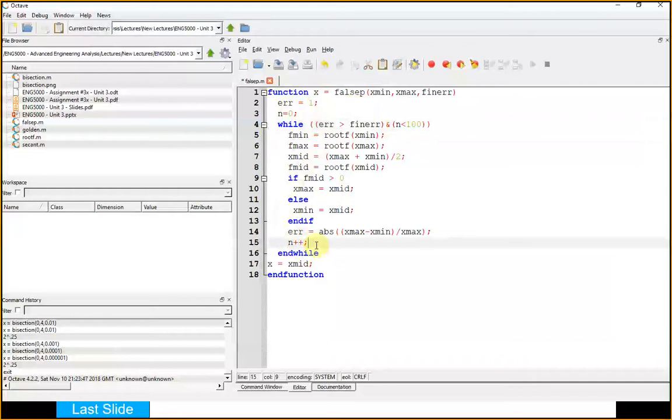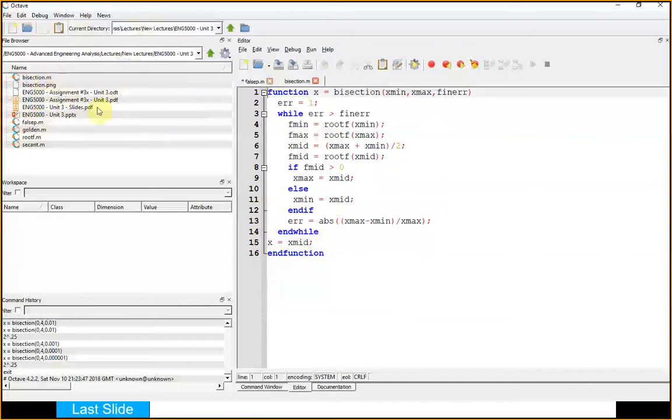Alright? So we're going to still use the false position method, and I'll use the bisection method too. We're going to see how long bisection takes to get to the answer compared to how long false position takes. So let's open the bisection code.